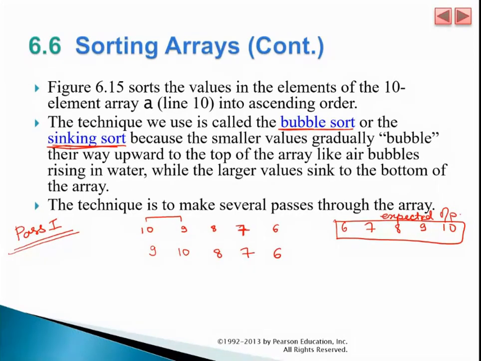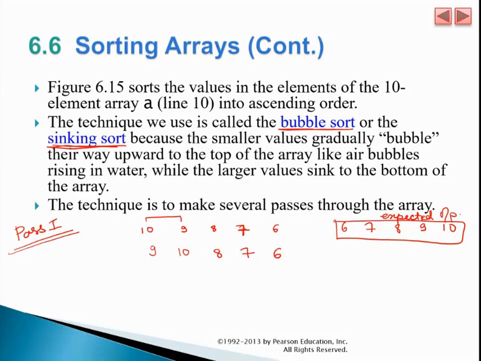What we are doing is comparing the first two elements. If the second element is smaller, we swap, because our expectation is that the smaller element will be towards the beginning of the array and the bigger element towards the end.